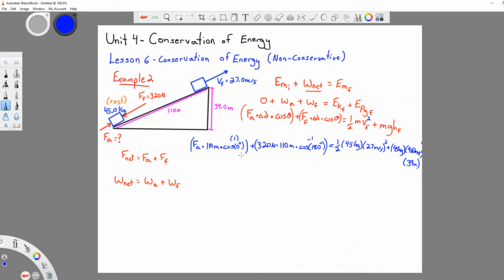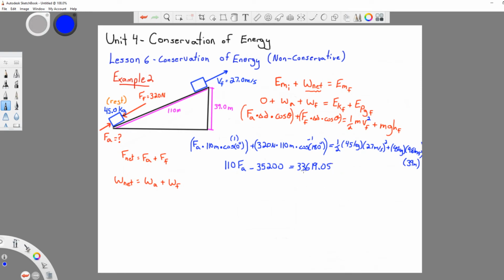I just solved essentially all the terms on each side, and I end up getting 110 times applied force minus, because this value turns negative because this cos 180 is a negative 1 value, so this is negative 35,200, which I believe is going to be in joules, is equal to, over on this side, 33,619.05.